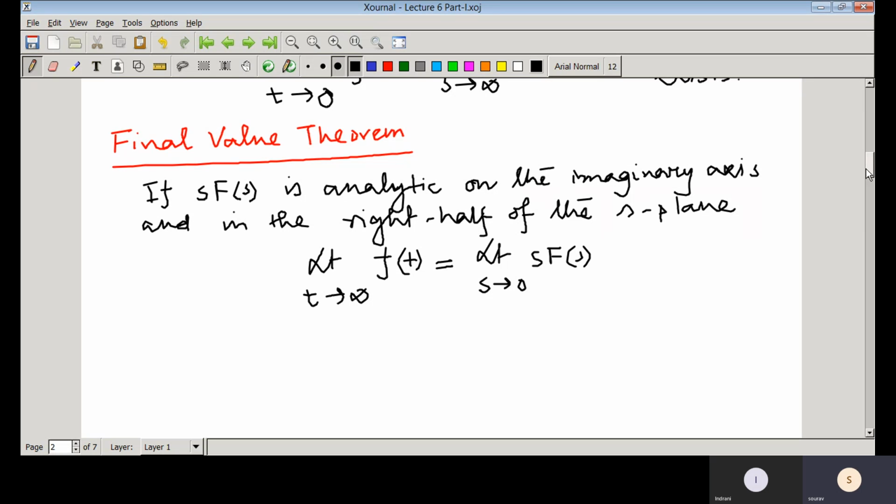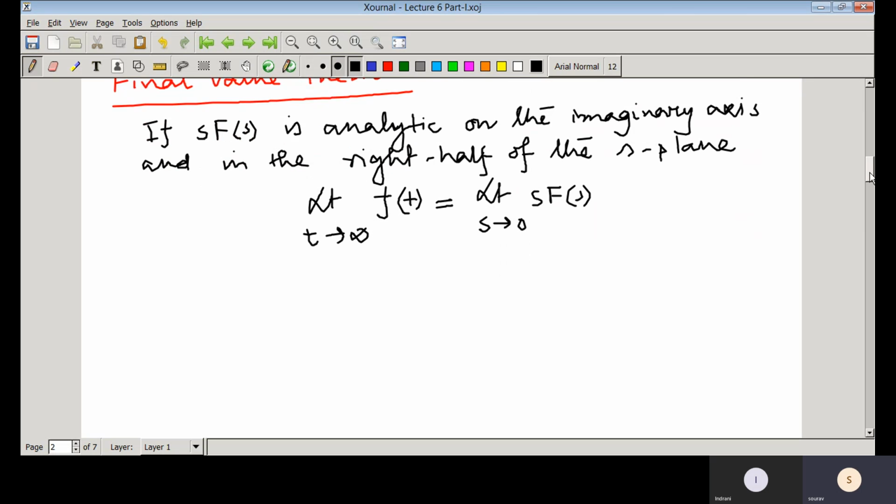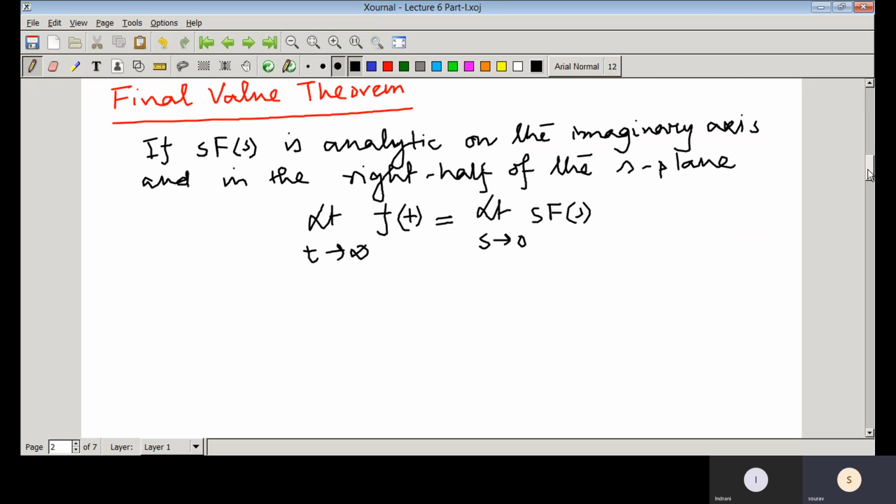That means the function sF(s) is analytic on the imaginary axis and on the right half of the s plane, meaning it should not have any pole on the imaginary axis or on the right half of the s plane.